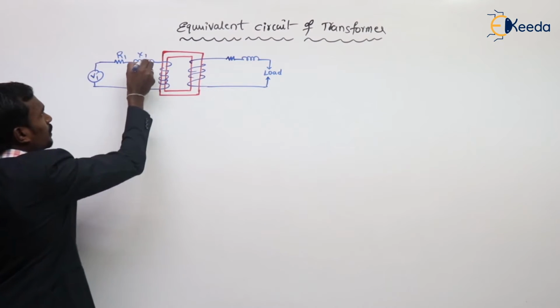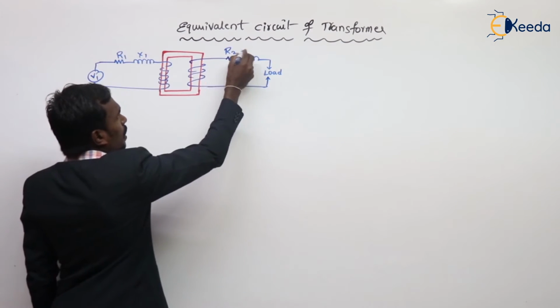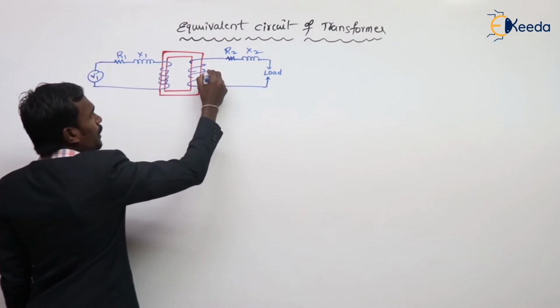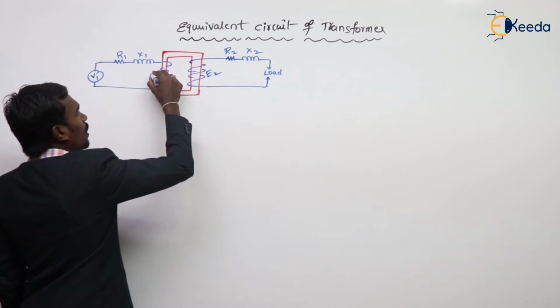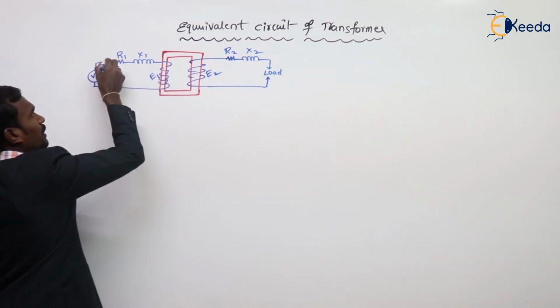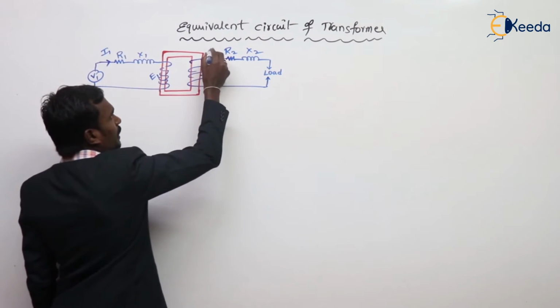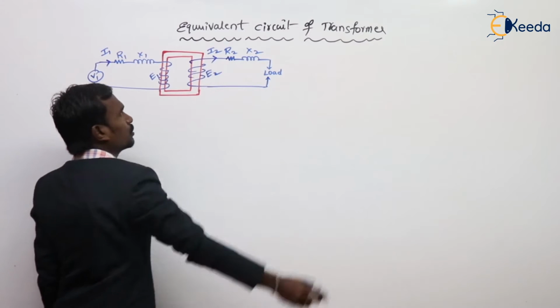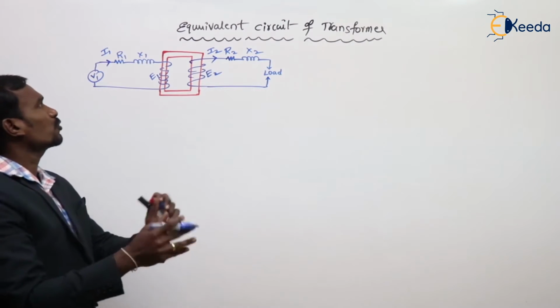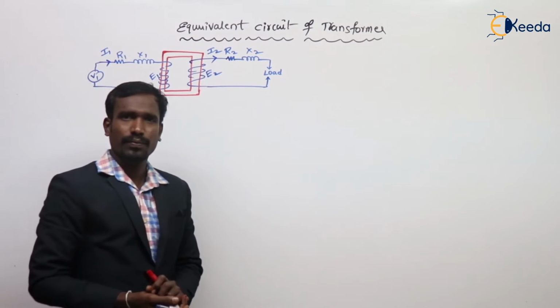This is R1, X1, R2, X2, induced EMF E2, induced EMF E1, here the current flowing through the winding I1, and here the current flowing through the winding I2. This is actually our transformer.